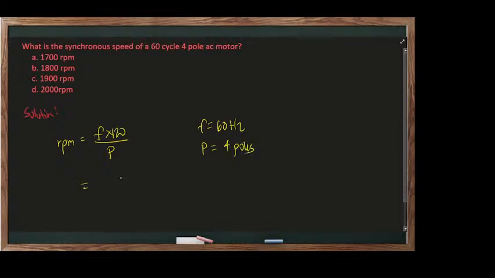So we have 60 times 120 over 4. That is our RPM. So we have 1,800 RPM. This is our answer.